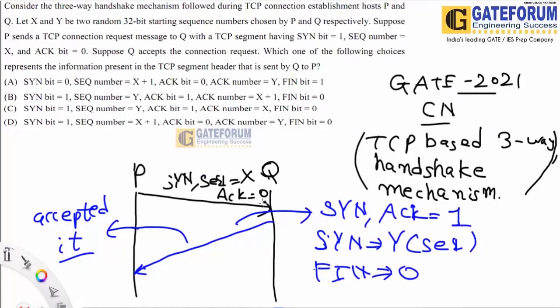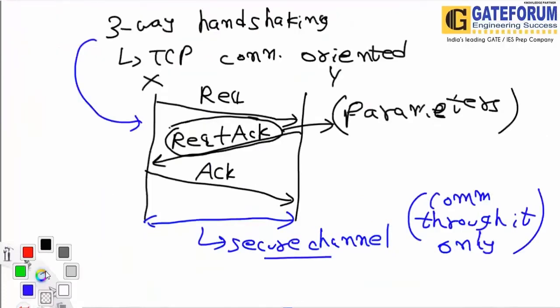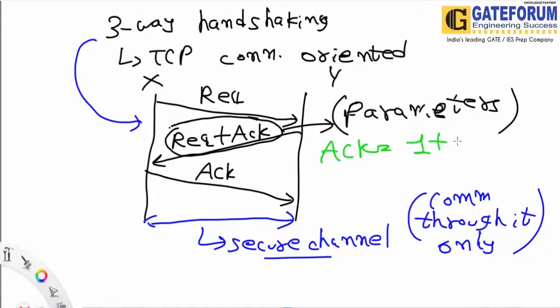See, the acknowledgement number here, always understand, is 1 plus the previous request sequence number. Always understand this thing. So why are we keeping the acknowledgement number?